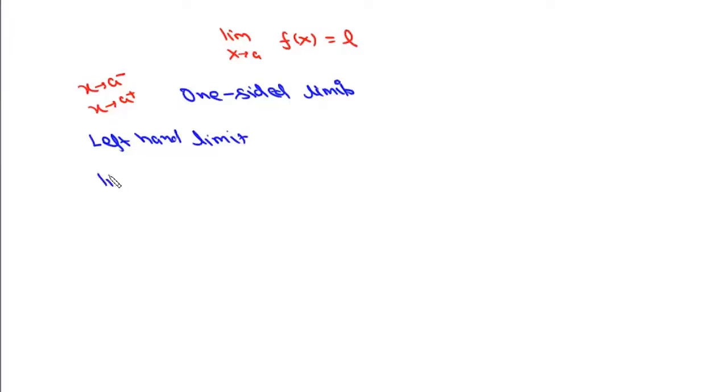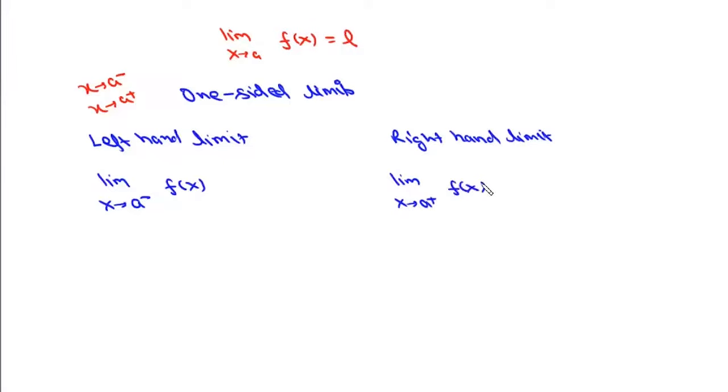and in this left-hand limit we approach this function from the left-hand side. So we'll simply write limit x tends to a negative f(x), and if we approach this function from the right-hand side, then we'll say it is right-hand limit. So we are going to write this right-hand limit as limit x tends to a positive f(x).